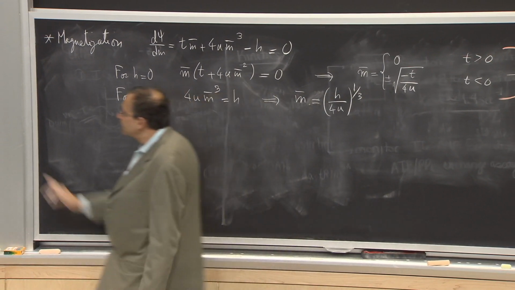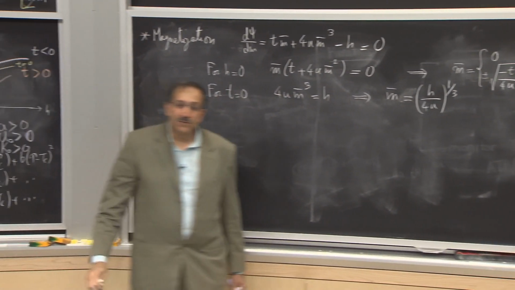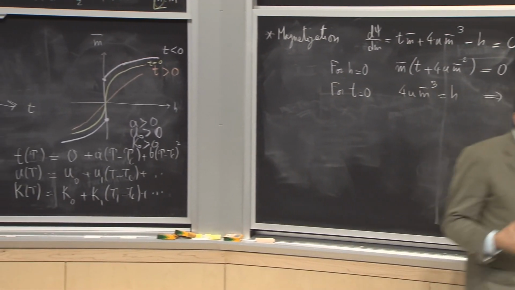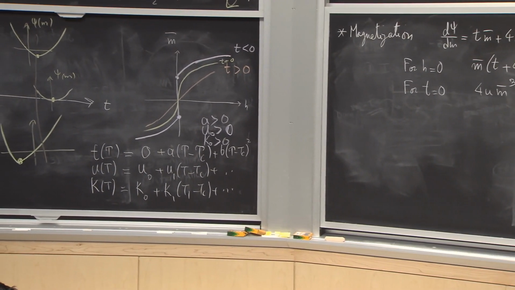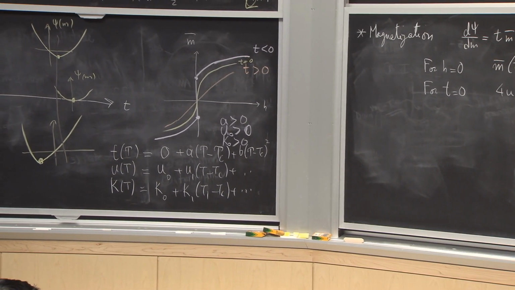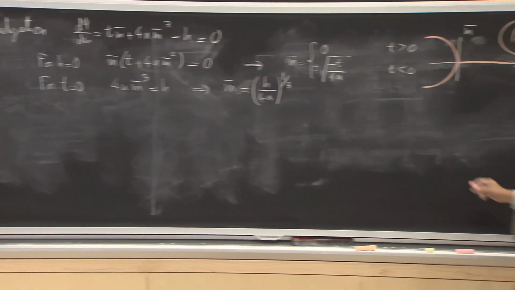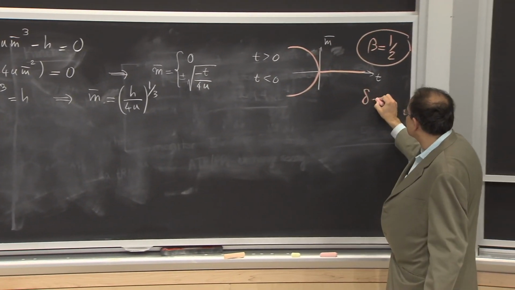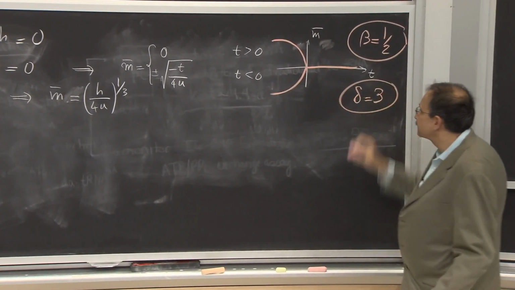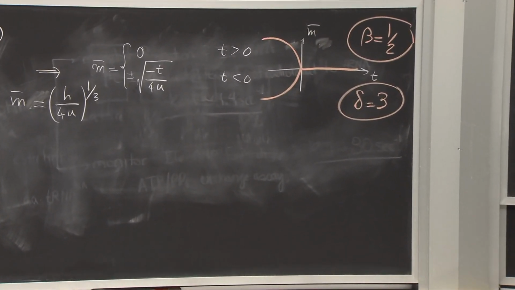So this green curve that comes with infinite slope corresponds to a 1/3 singularity. The exponent delta was defined to be the inverse of this. So this corresponds to having an exponent delta that is 3. Okay?